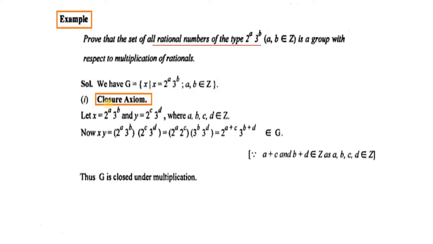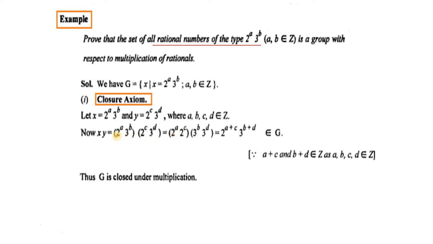So we will check the closure property first. For this, we will take any two elements x is equal to this and y is equal to this, and the exponents a, b, c, d will be integers. Now we have to find the product of x and y by putting the value and simplifying the exponent.